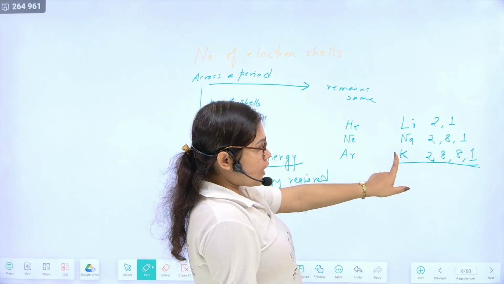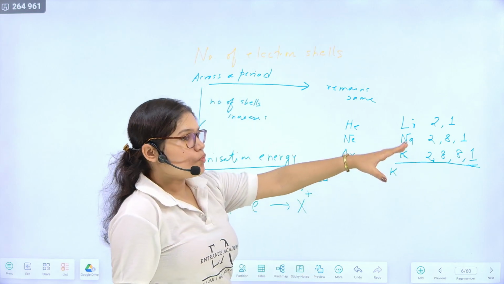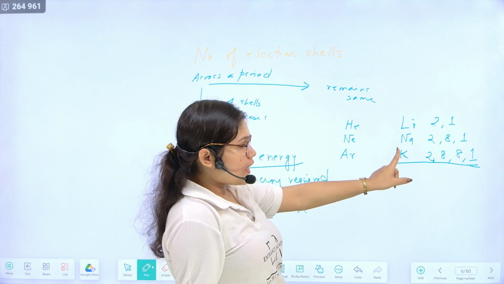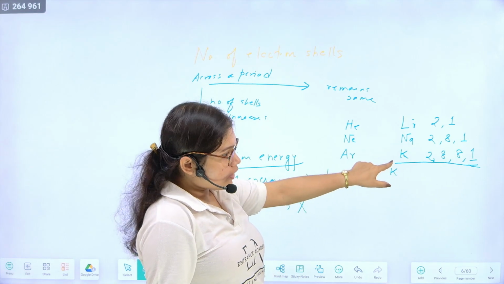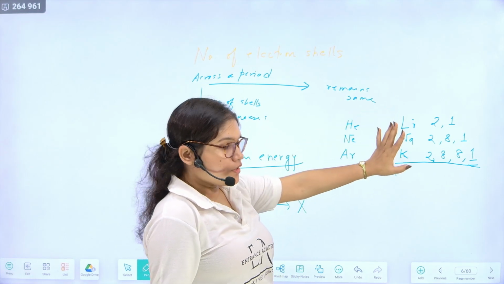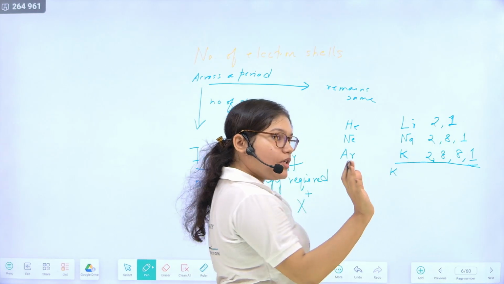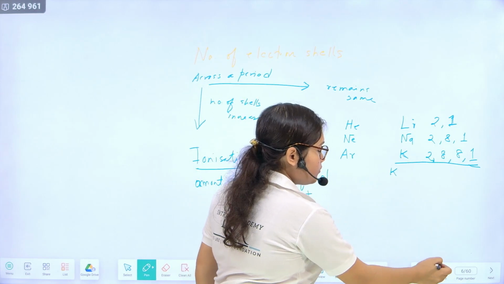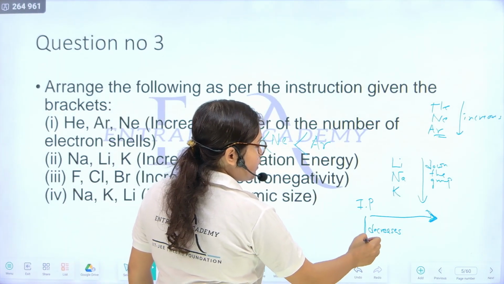The outermost electron is more easily removed in case of potassium. So the ionization potential is minimum in potassium and maximum in lithium, because lithium has one electron in the outermost shell and the distance is minimum. The trend of ionization potential decreases down the group.